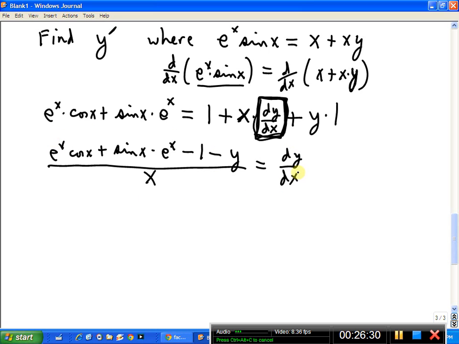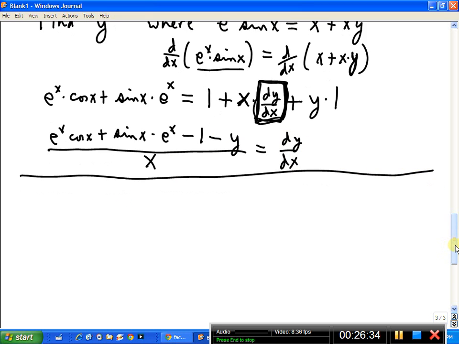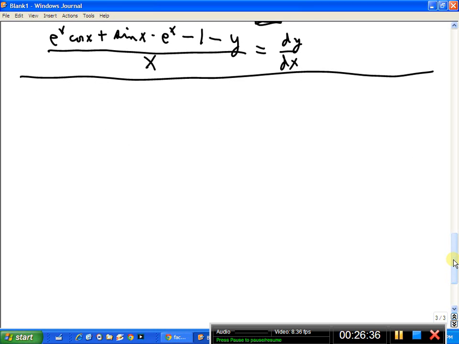All right, let's do it again. Another example. This time we'll make sure that it's more complicated. How about, well, you know what?